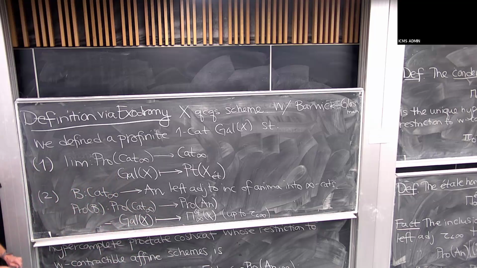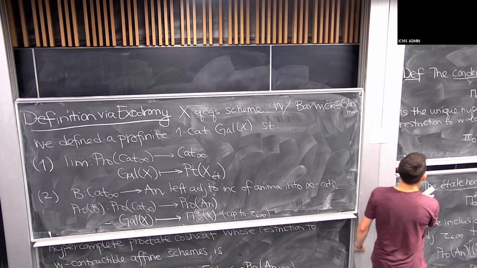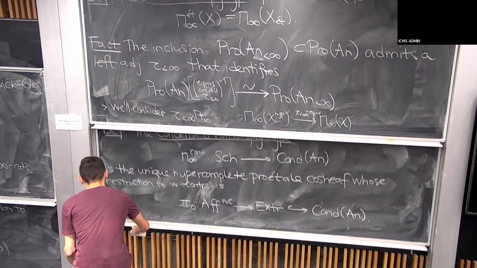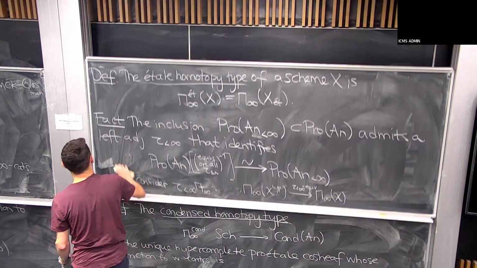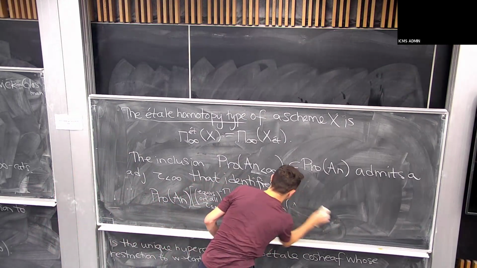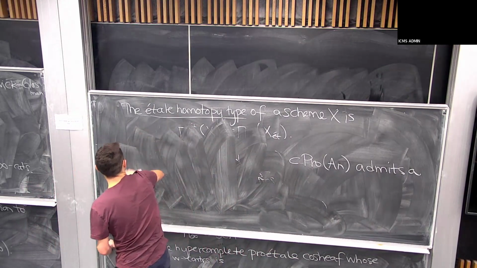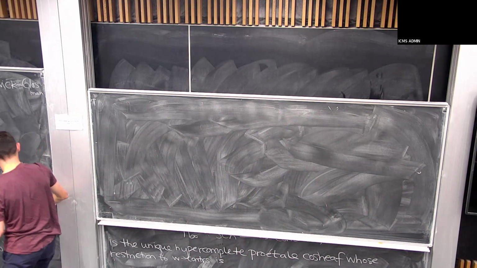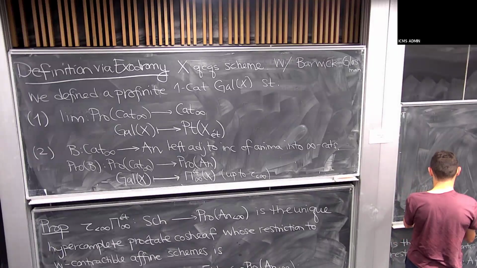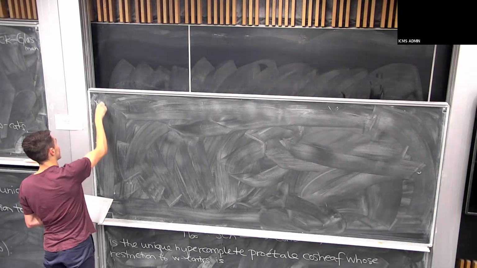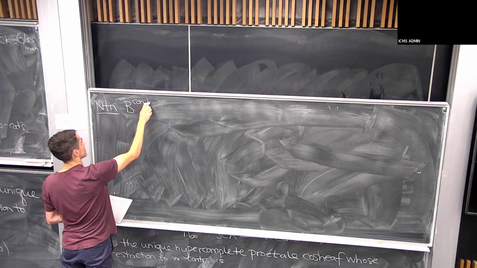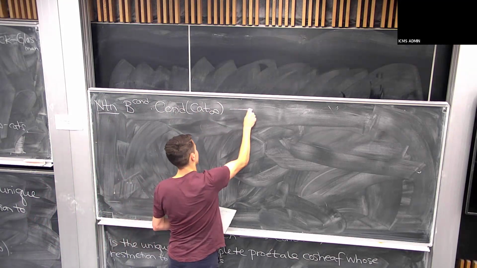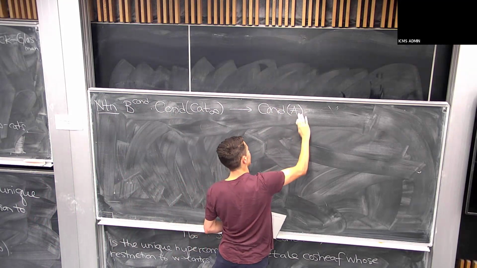So let me write this B cond from condensed infinity categories to condensed anima for the left adjoint to the inclusion.